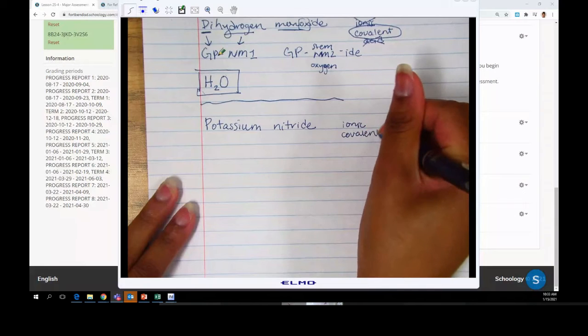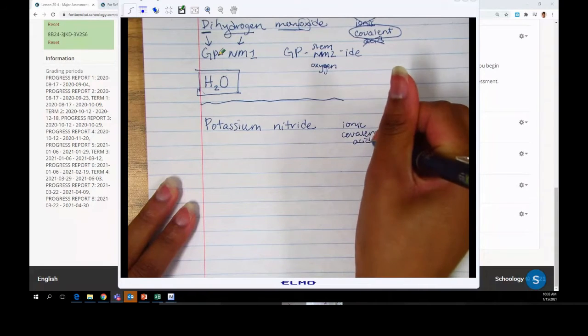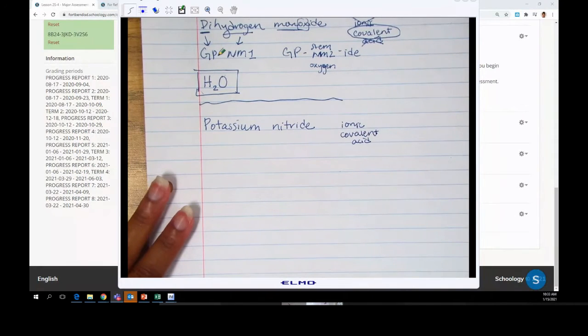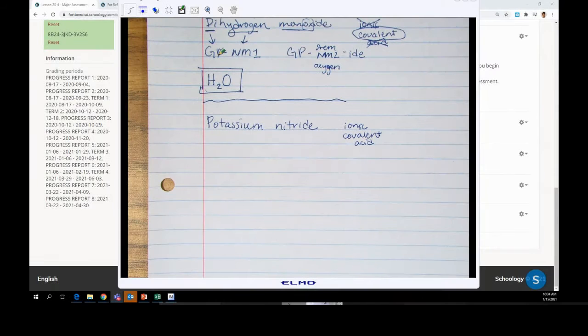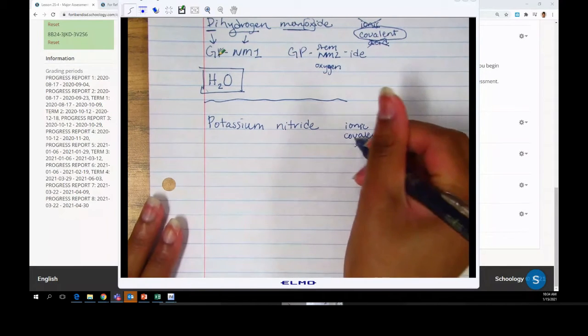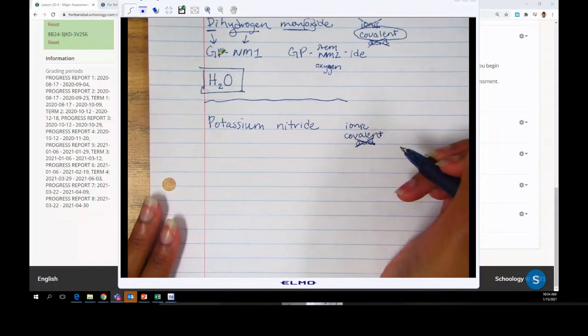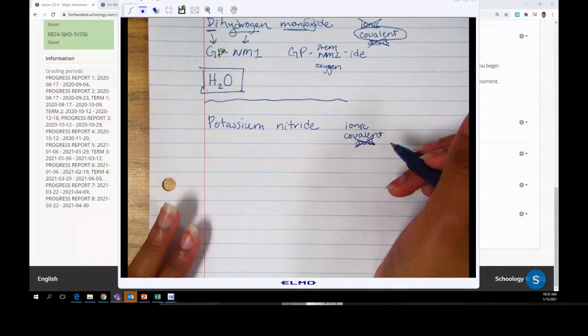Is it covalent? Or is it an acid? Does this one end in "acid," like our acids do? No, I got somebody shaking their head. So it doesn't end in acid, so it's not an acid.